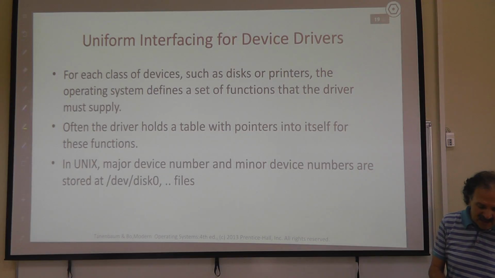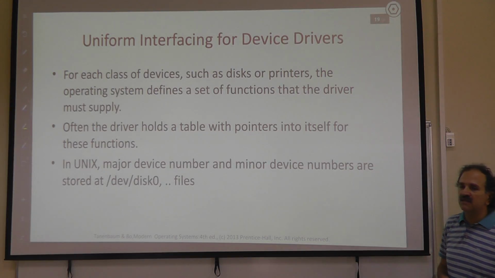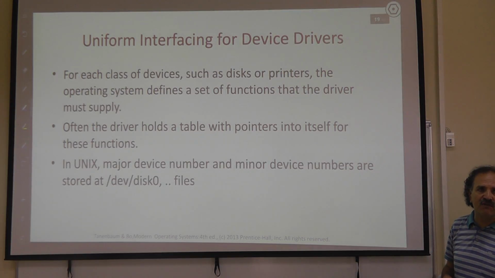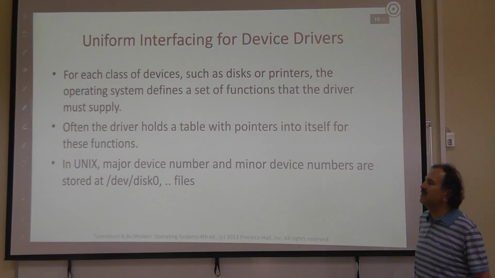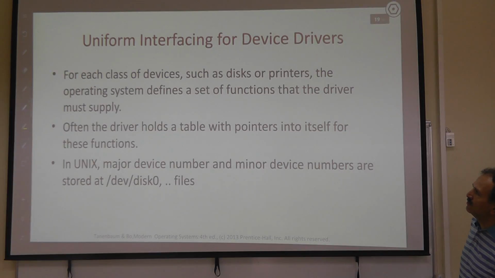So you define these kinds of functions. It's like an interface design, Java interface design. You design this interface, then you ask the device driver to implement those functions, and then the operating system simply calls those functions using the device interface. Okay, so this is uniform interfacing.